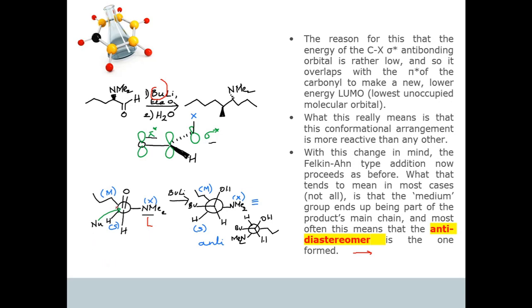So when my nucleophile attacks the carbonyl carbon, you can see here I have my butyl group here, and I have my OH here, so my OH will be pushed, and I have my hydrogen here, and now you can see my butyl group and my N-dimethyl group are anti to each other.